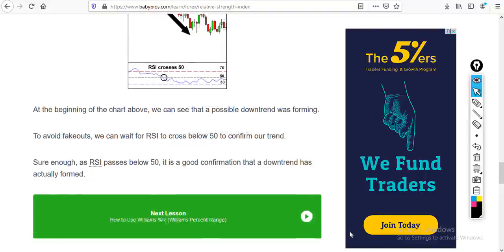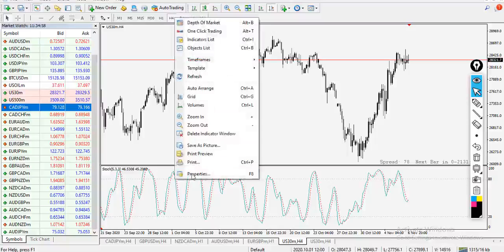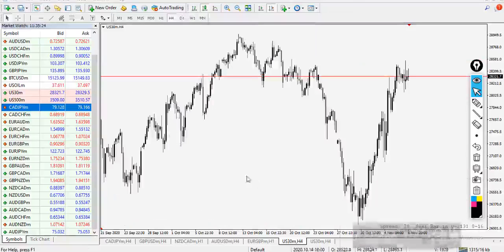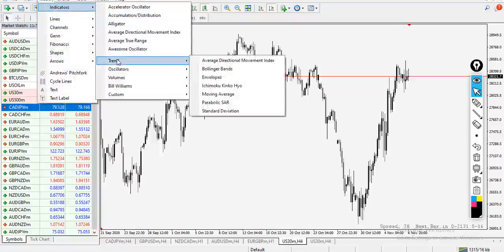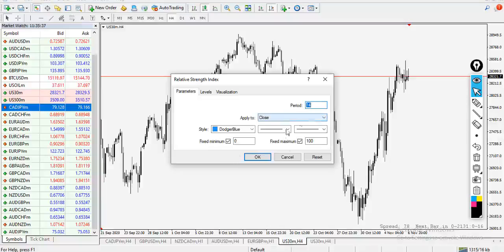So let's move on to this live chart to see how we can insert the relative strength index indicator into our chart. So here we are on insert indicators, and we see trend, and we don't have it there, and we have it here, relative strength index, and we see the period.